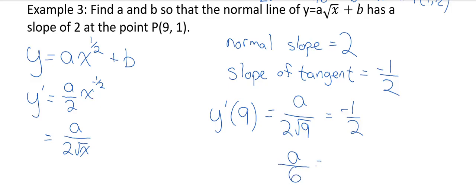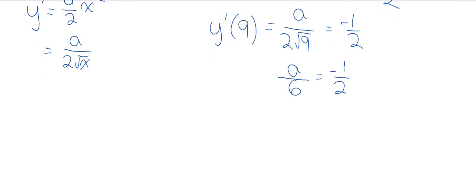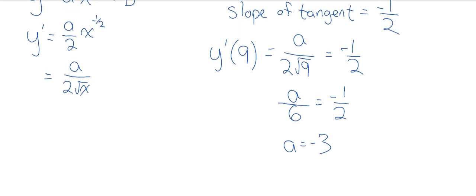So a over 6 equals negative 1/2. So we can see by looking at that, we can cross multiply and divide any way you think about that, or you can just see that if we have a value of a being negative 3, we'll actually get there. So I'm really, really close now. I have my a, I just need to figure out my b.